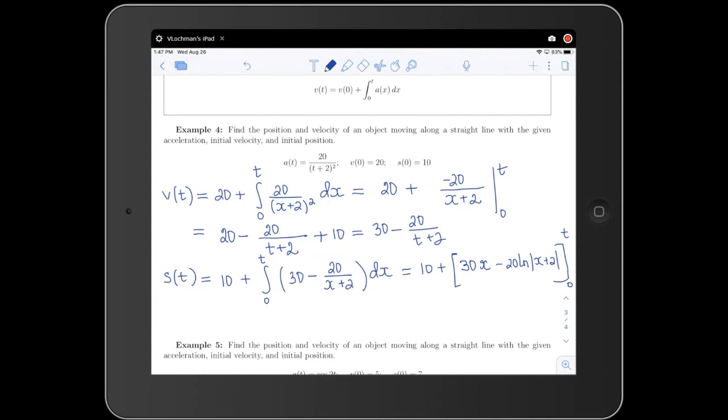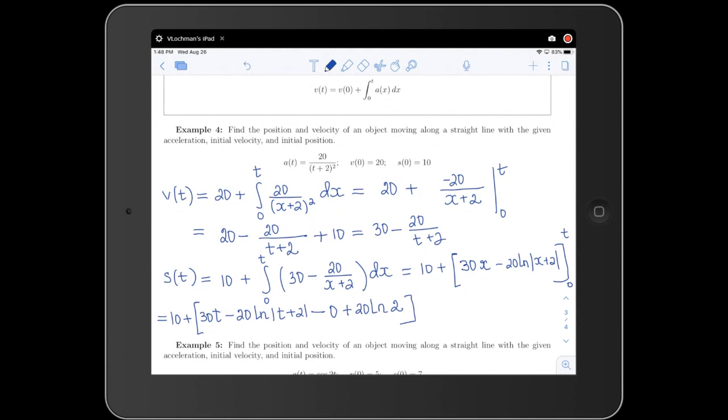Let's evaluate this carefully. Once we evaluate everything at t, we just get an expression in terms of t. So that's 30t minus 20 natural log absolute value of t plus 2, minus, and then 0 times 30, that's 0. Minus minus gives us plus 20 natural log of 2.